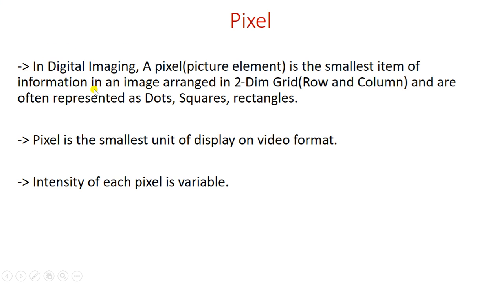So what is digital imaging? If I ask you how you will capture an image, you will answer that from a mobile, or from a tablet, or from a DSLR you will capture the image. And one more thing, you can also capture the image with a scanner.